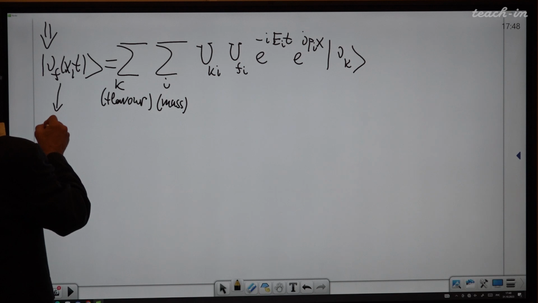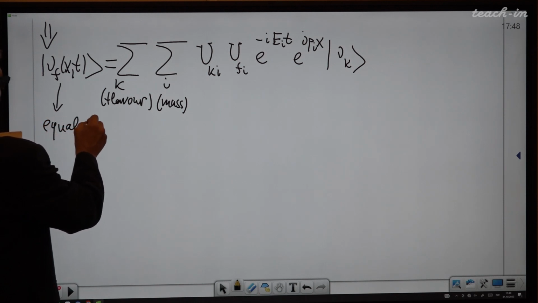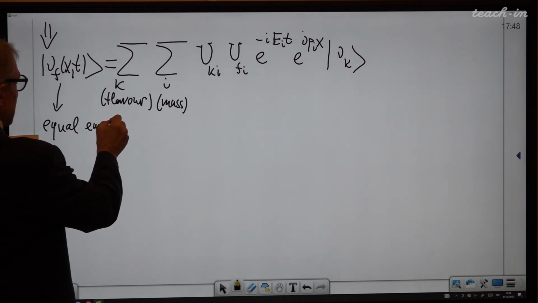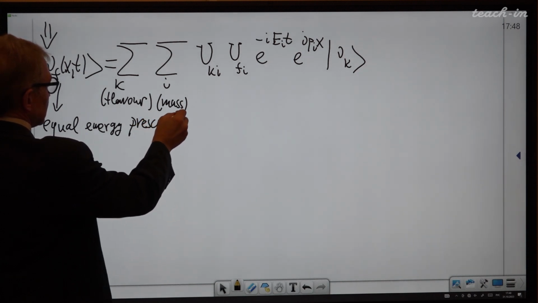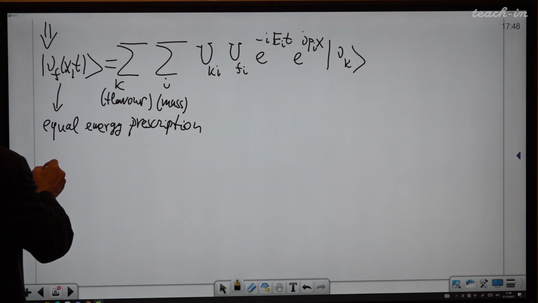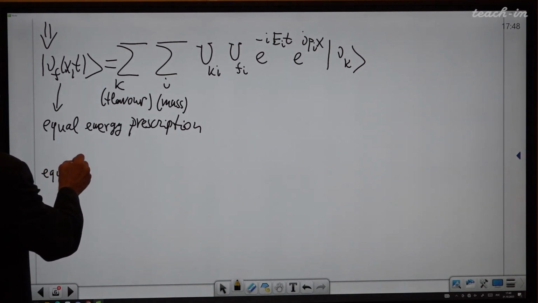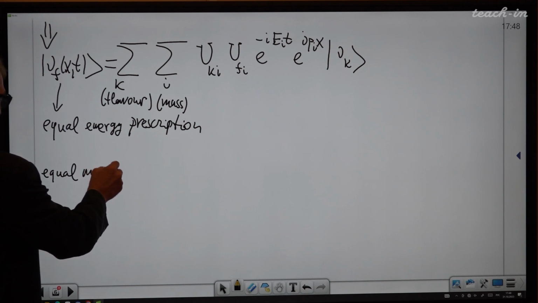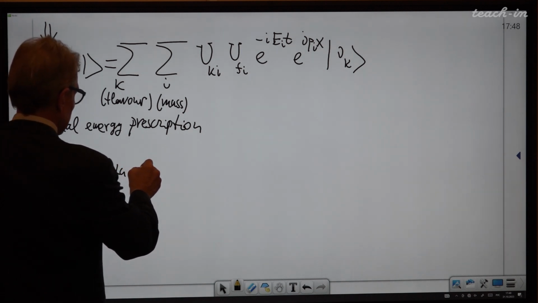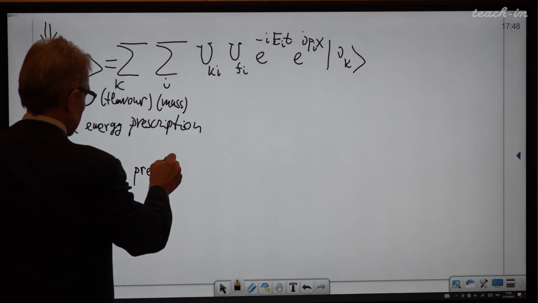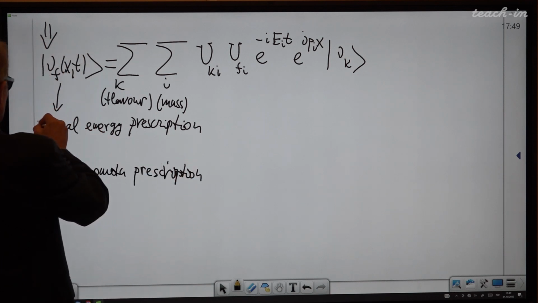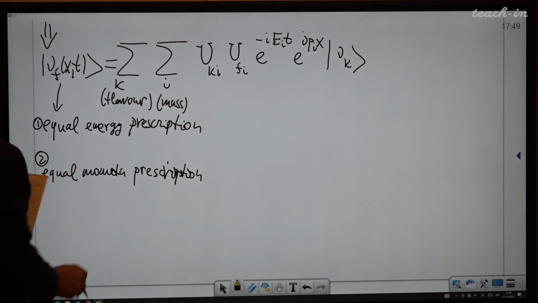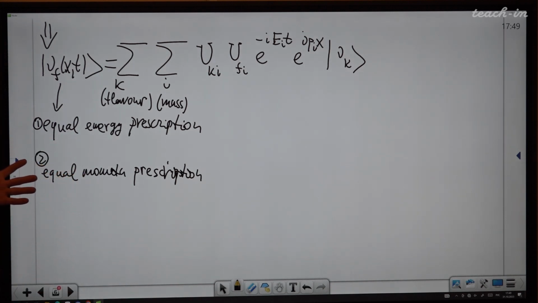So, equal energy prescription, or equal momentum prescription.